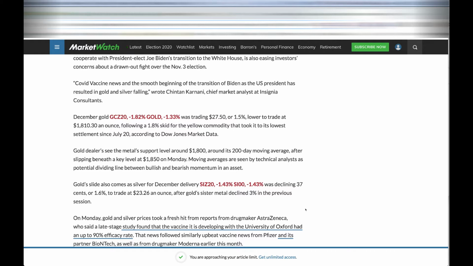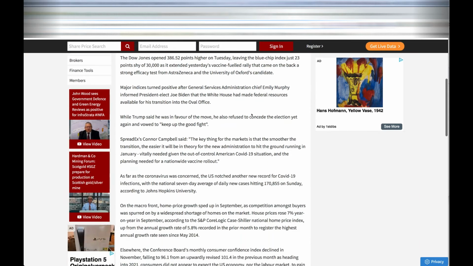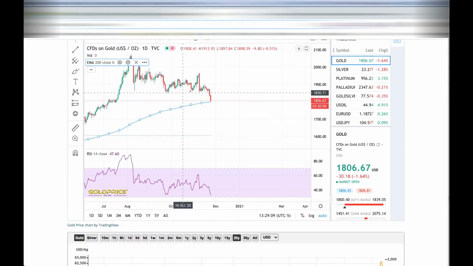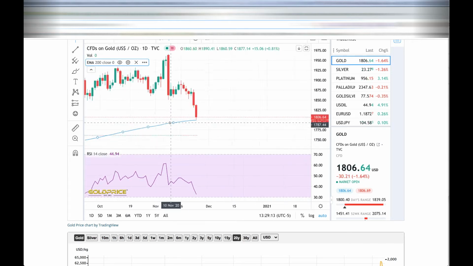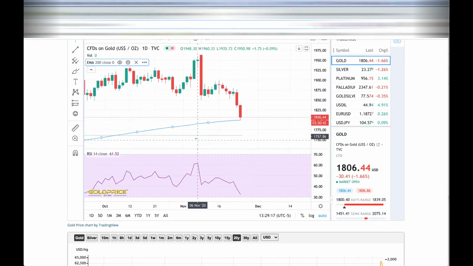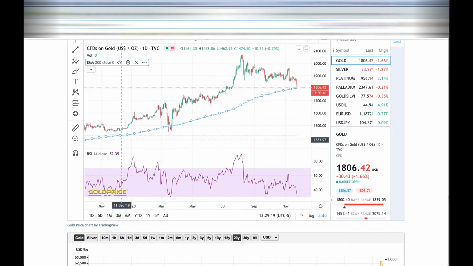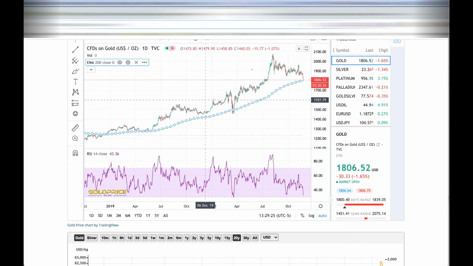And I'll go over some of the things that I'm going to look at. The second thing that has happened, after Biden's news, is the approaching of the 200-day exponential moving average. We see that gold has a slight upward trend, but it's been quite a while since we were below this trend.